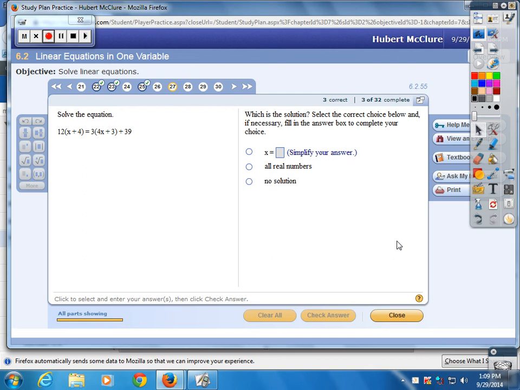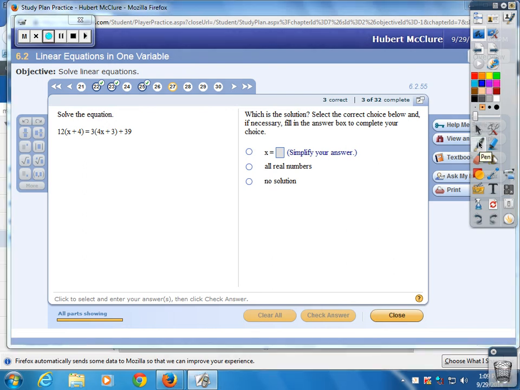This one says 12 times x plus 4 is equal to 3 times 4x plus 3 plus 39.